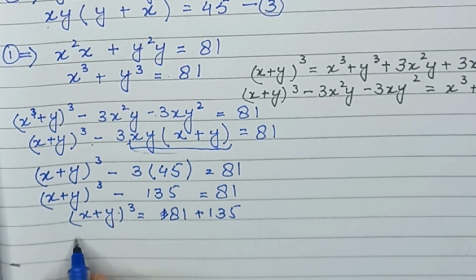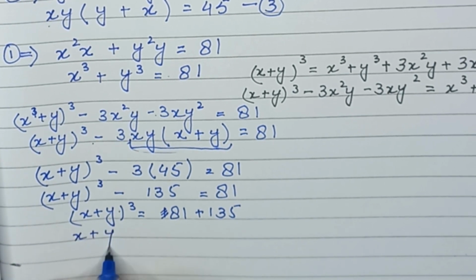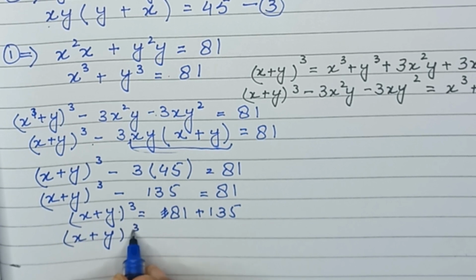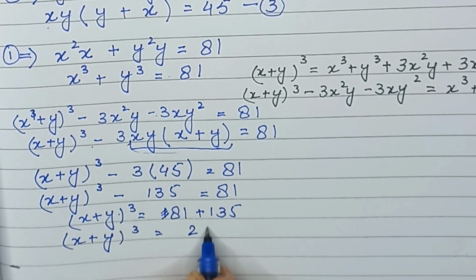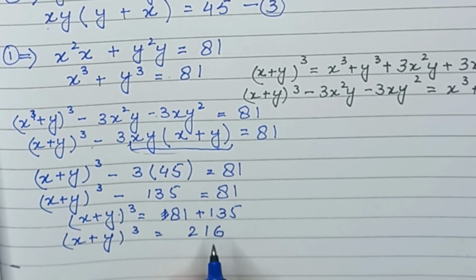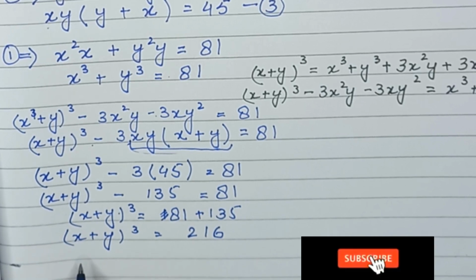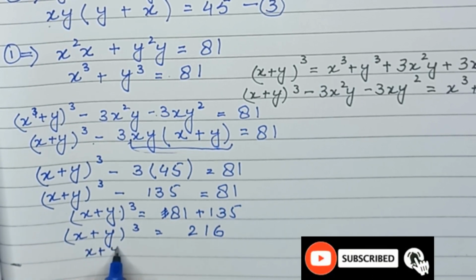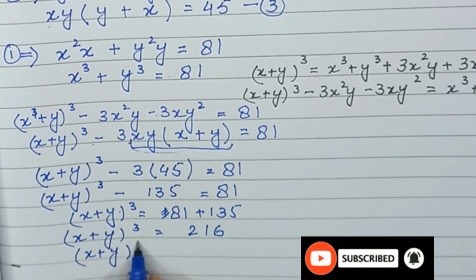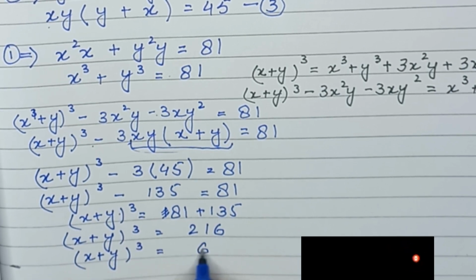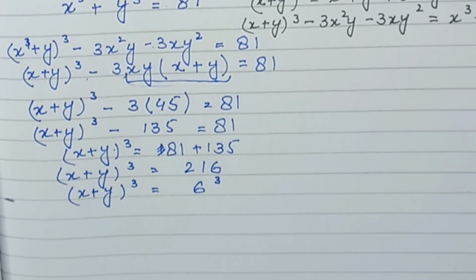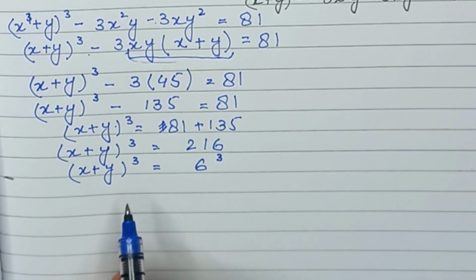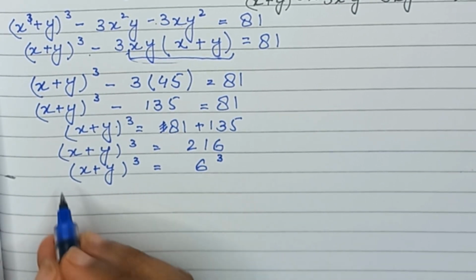So x plus y whole cube is equal to 216. And 216 is the same as 6 cube. Now we will apply cube root on both sides.